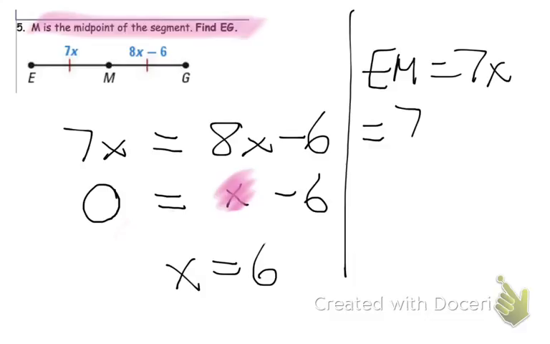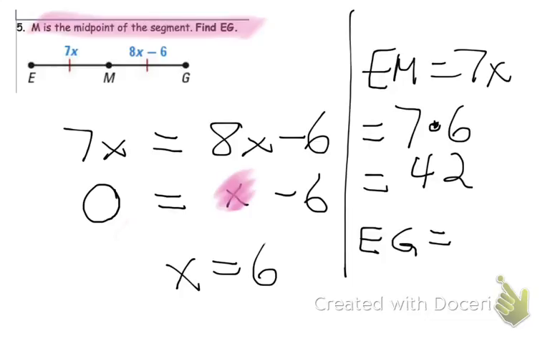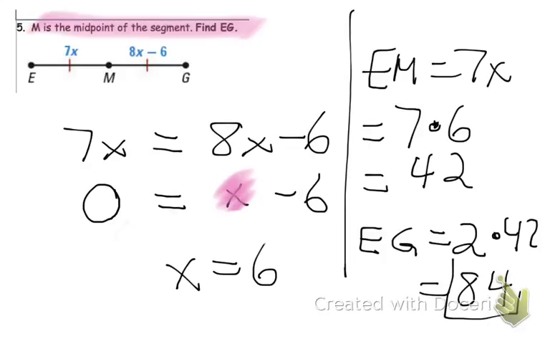So that's equal to 7 times 6. Remember, the little dot means multiplication. And that's 42. And since from E to M is only half of the distance, that means the whole entire thing from E to G is going to be 2 times that, 2 times 42, which will be 84. And that is the final answer that I'm looking for.